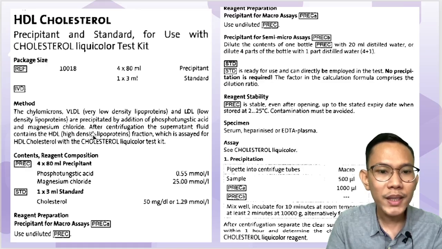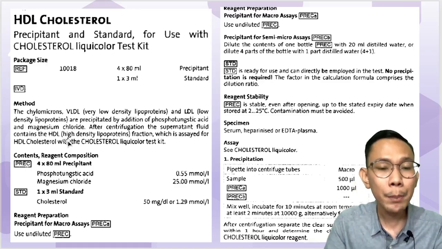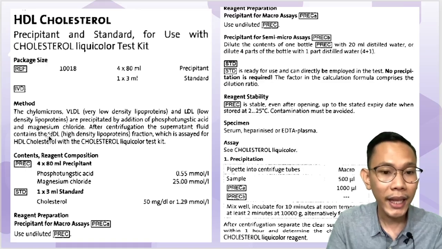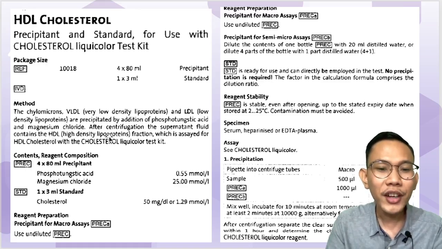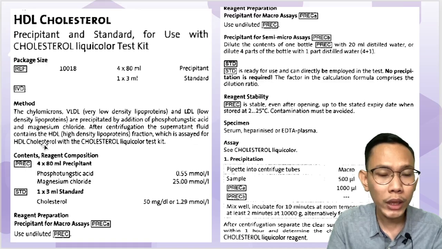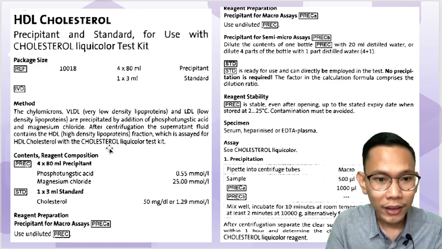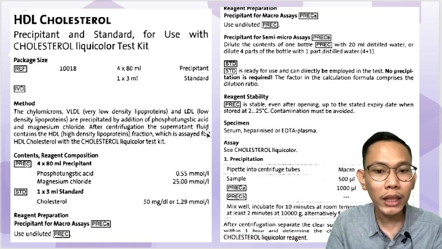The chylomicrons, VLDL and LDL are precipitated by the addition of your phosphotungstic acid and magnesium chloride. Again, remember, anong precipitant na ginamit natin for this test? Phosphotungstic acid and magnesium chloride. After centrifugation, the supernatant fluid contains the HDL, which is assayed for HDL cholesterol with your cholesterol liquid color test kit. So, ginagamit natin yung supernatant fluid.